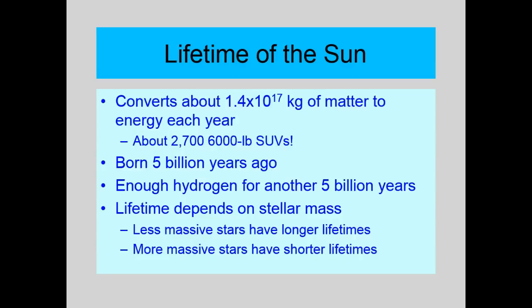This may seem counterintuitive. Okay? Our sun, the star that provides us our energy, converts about 1.4 times 10 to the 17th kilograms of matter. Now, 1 times 10 to the third is called 1 megagram, which is 1 metric ton.